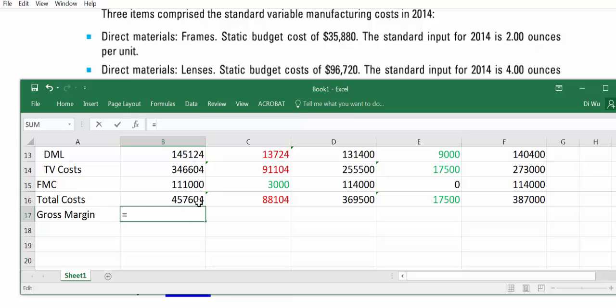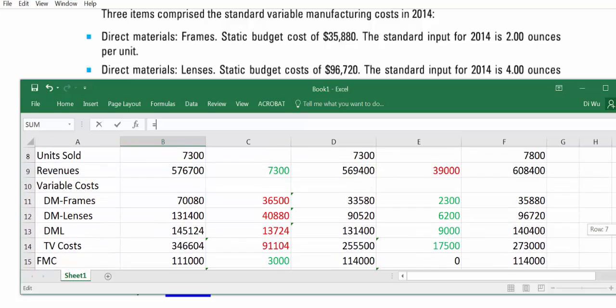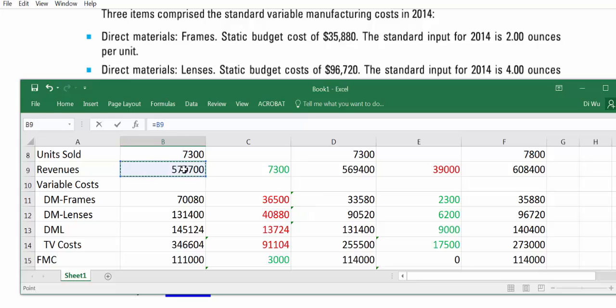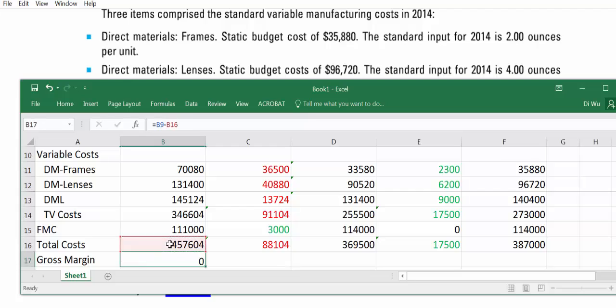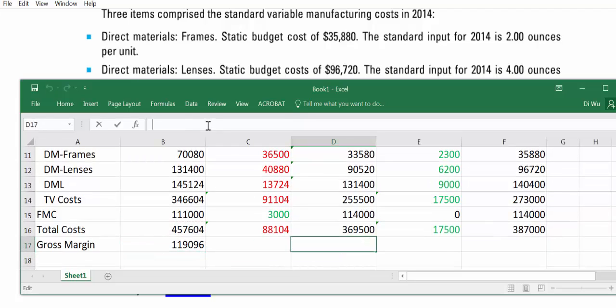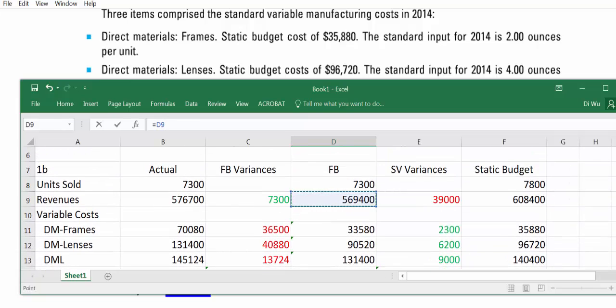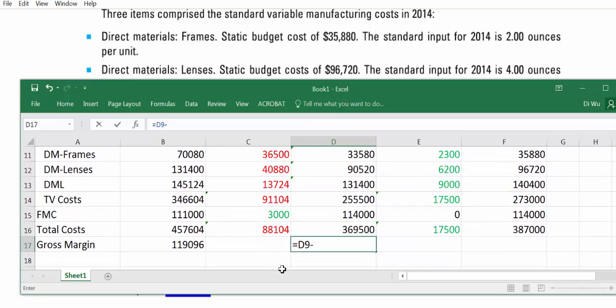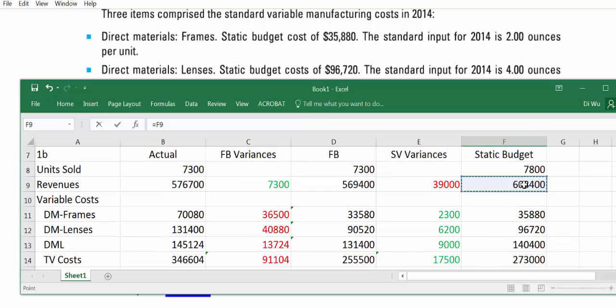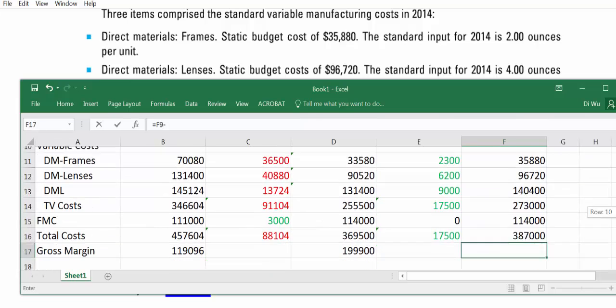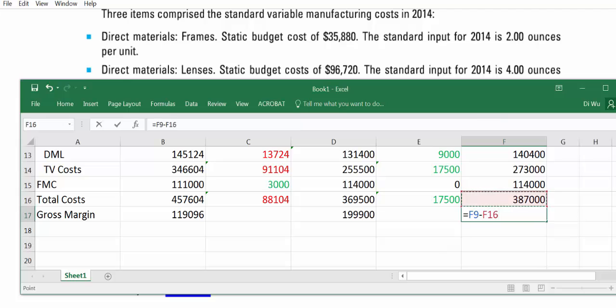For the gross margin, we are going to use the revenues minus the total cost, and the same here: revenues minus total cost, and for this one also revenues minus total cost.